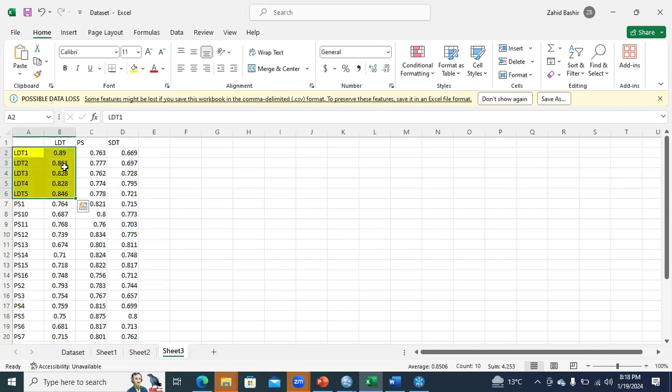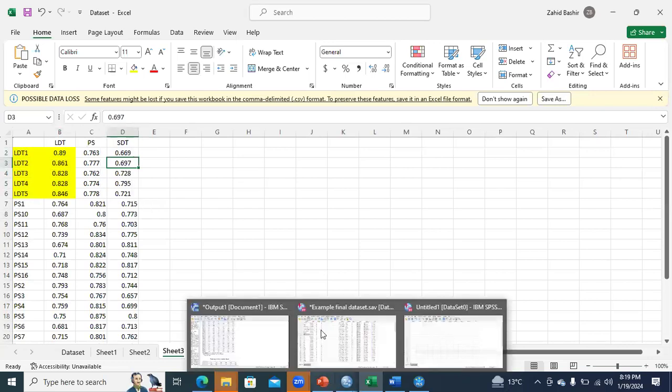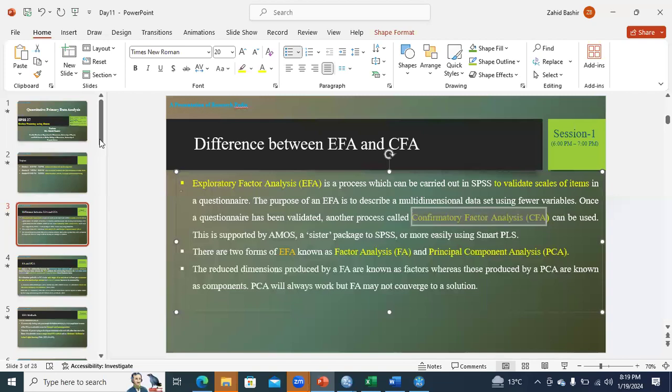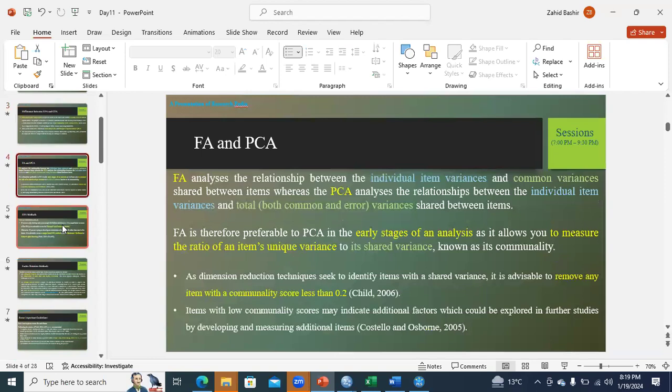But you can see that these five items are also showing a significant amount of variance in other constructs, like in PS and like in SGT. It means that there is an issue of cross-loading over here, because these values should be less than 75%, as our criteria in EFA. I have shown you in EFA that in case of cross-loading, the value should be less than 75%.